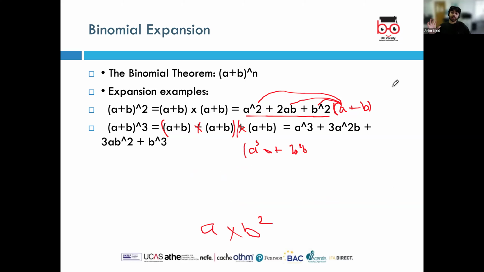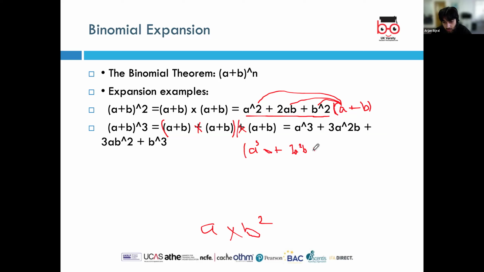Correct. But how would we write that if we were trying to be as neat and concise as possible? So what's B times B? We've already got it written as B squared, right? Then remember I said in algebra, if you've got a letter next to the letter, that means it's multiplying each other, right? So it'd be AB squared. Absolutely. That's perfect, mate.